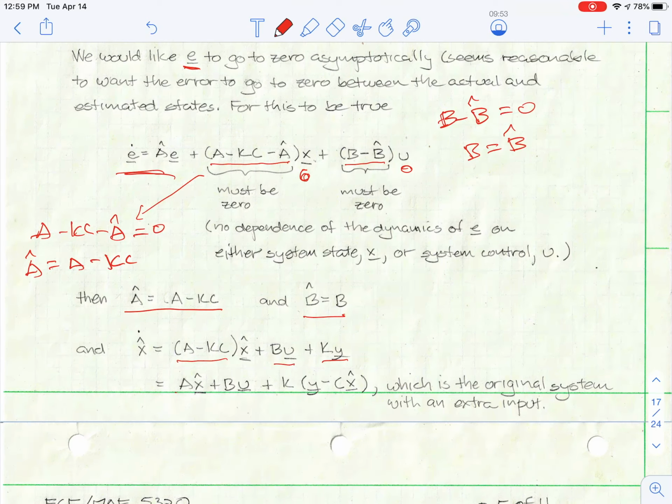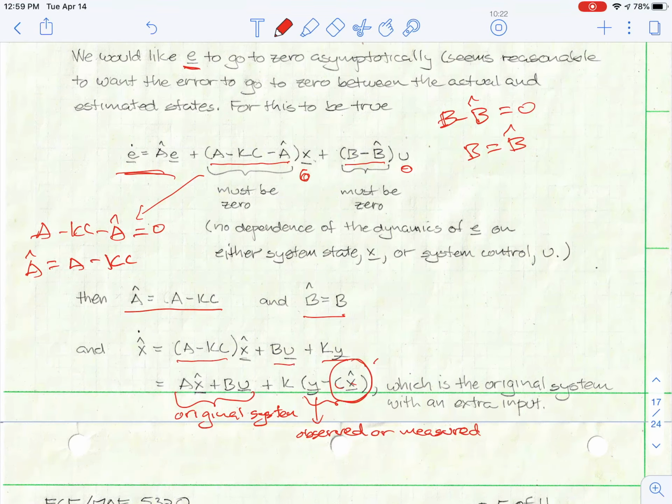And if I look at this, this is the original system again. All I've taken is the original system. I've got y minus C x hat, so these are the observed or measured values, the ones I actually have a sensor on.